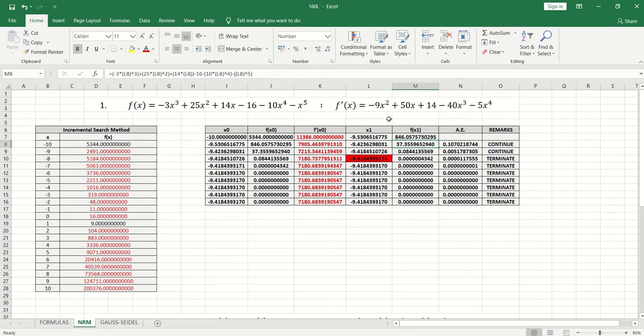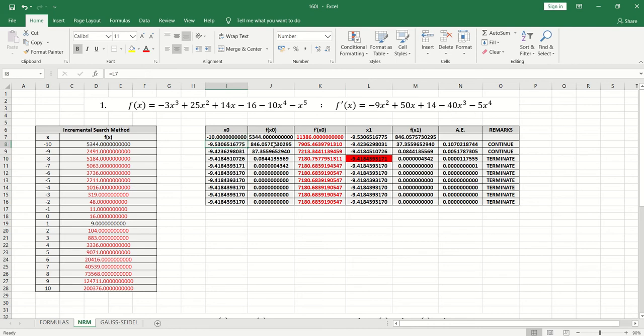So the goal here is to reduce the value such that the total absolute error is less than 0.0001. So the difference of this f of x1 and this f of x1 should be less than that value. Once it reaches that value, the corresponding x1 will be the root of the equation.